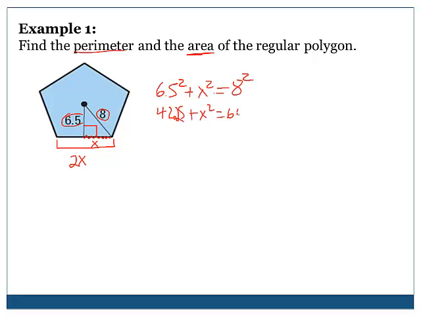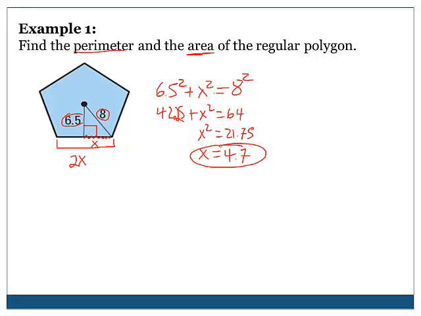When I do this, I get 42.25 plus x squared equals 64. I do 64 minus 42.25, and that gives you x squared equals 21.75. Take the square root of 21.75, and that gives you roughly 4.7.